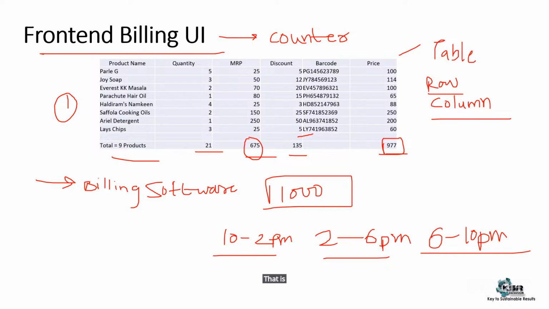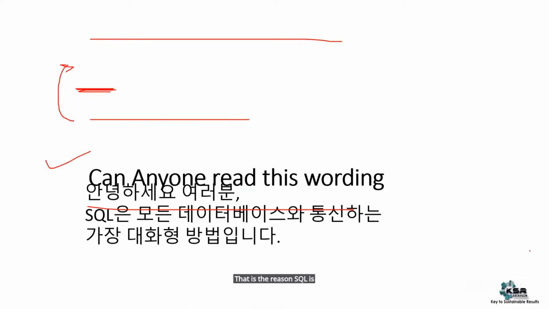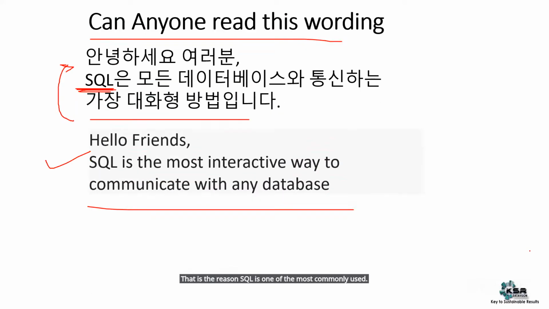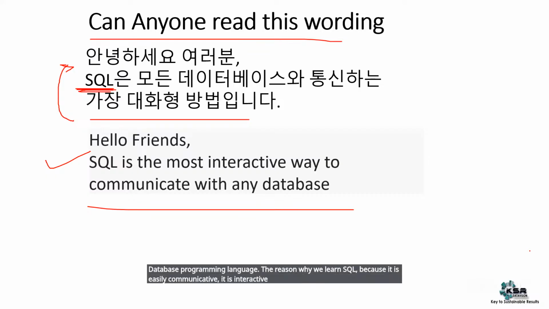That is the reason SQL is one of the most commonly used database programming languages. The reason why we learn SQL is that it is an easily communicative, interactive way to communicate with that particular database.